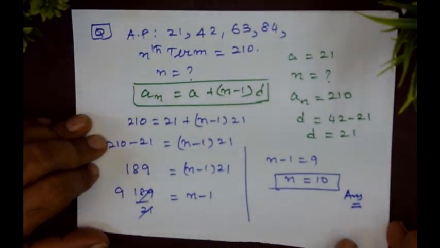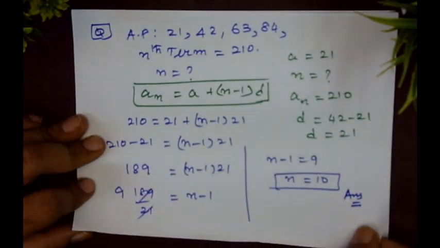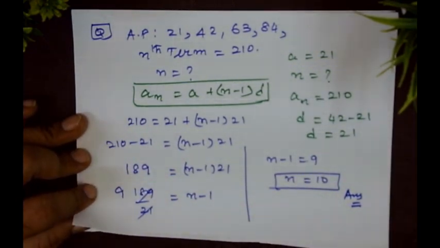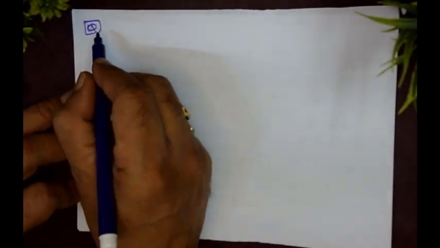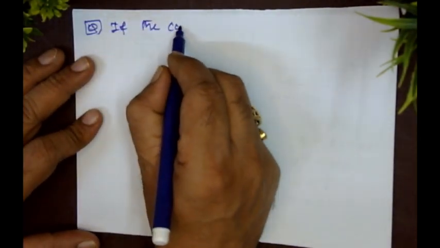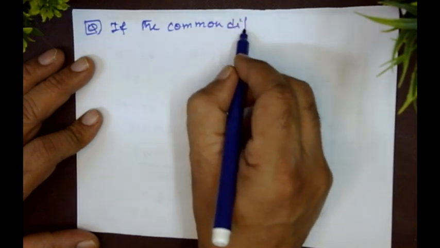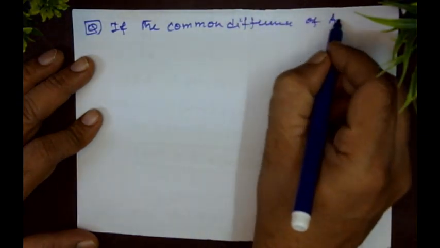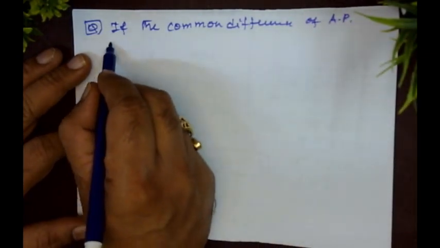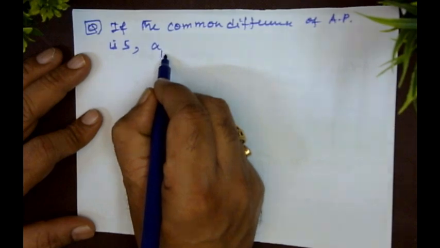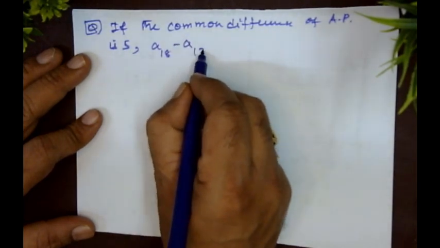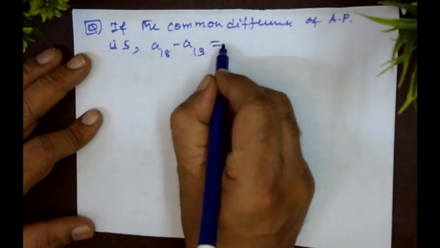Next question. If the common difference of an AP is 5, then a18 minus a13, that is the difference between the 18th term and the 13th term, is equal to what?